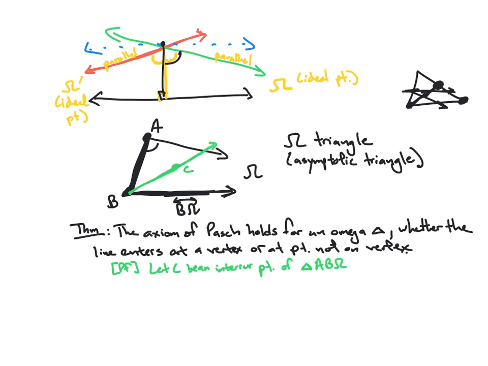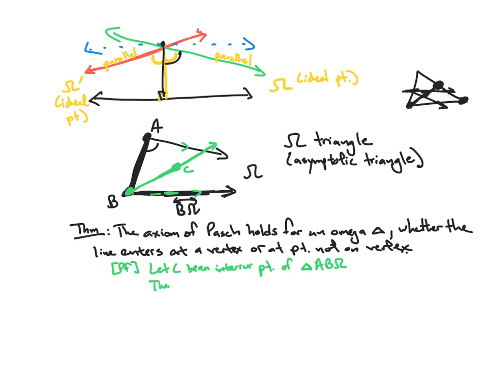Well, we know that these two are parallel, right? So the first parallel line through B to A omega is B omega. So if C is interior, BC has to intersect A omega, okay? So it has to intersect because B omega is the first non-intersecting one, okay?